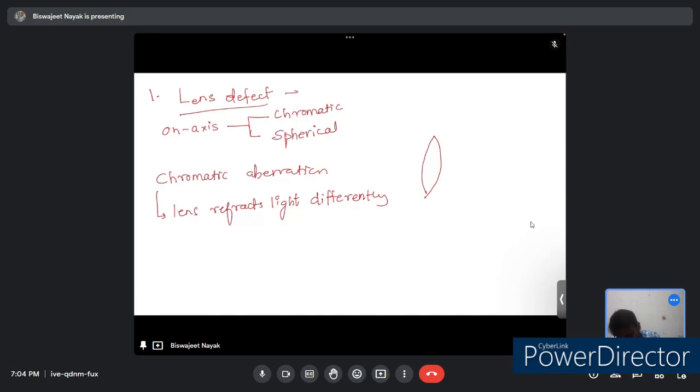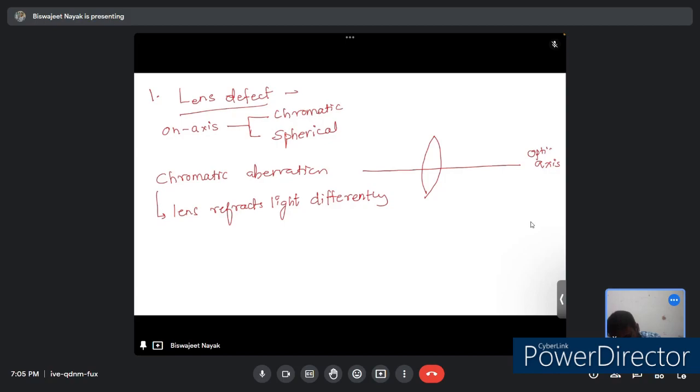As we know, blue light and red light have different wavelengths. So blue light will bend inward toward the optic axis more, and the red light will bend away from the optic axis. So this we say optic axis.